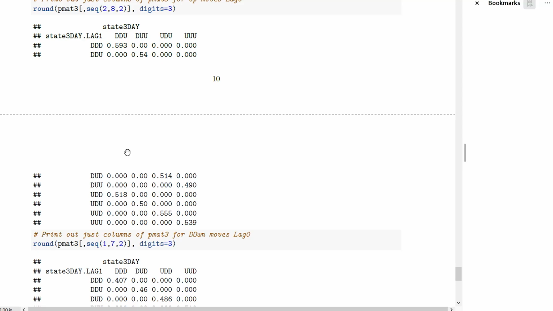If we wanted to move from one state to an up move the next period, then looking at this table, one can see that the highest probability of the 3rd day being up, given the prior 3-day state, corresponds to 3 down days leading to an up day the next day with almost a 60% chance.